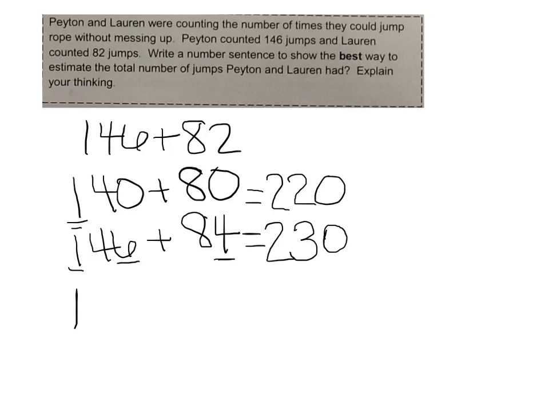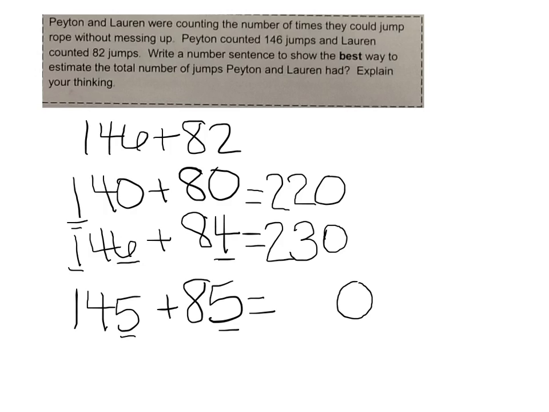I might change my numbers to 145 plus 85 because I think it's very easy to work with fives. 5 plus 5 in my ones place would get me a group of 10. 10 plus the 80 I have in my problem would be 90, plus the other 40 in my tens would be 130, and the 100 plus the original 100 equals 230.